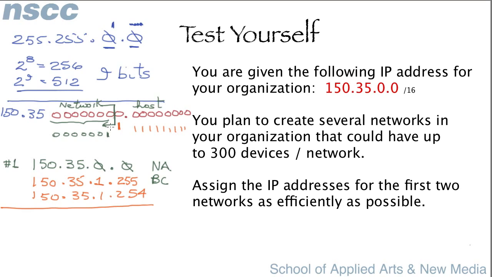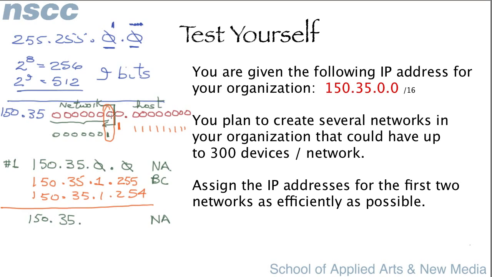Network number 2 would have this bit right here be a 1. And so if this bit was a 1, with all the host bits as 0, the network address would be 150.35.